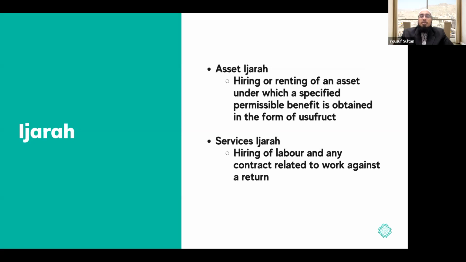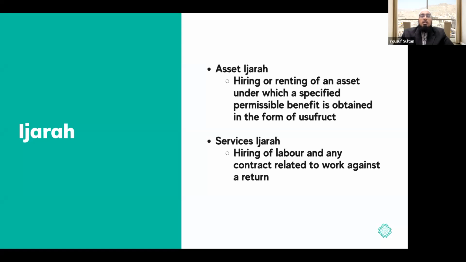Another form of ijara is services ijara, ijaratul khidmat. For example, all of us or most of us are employed with some company or some entity. We provide a service and we get a salary or fee or consultancy, whatever. So all of those consultancy agreements, employment agreements, service agreements are actually Sharia ijara contracts. Why?